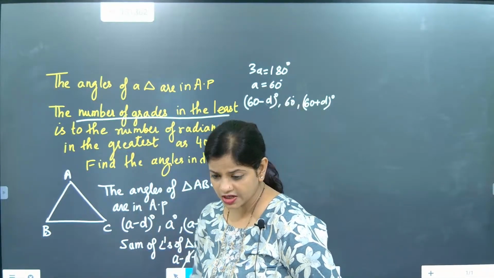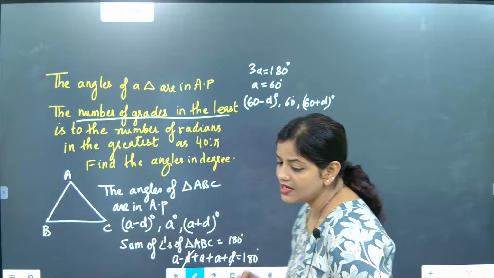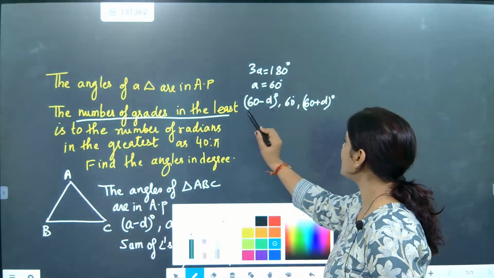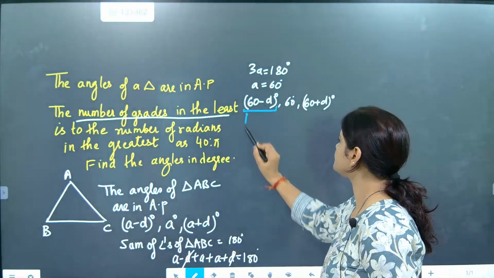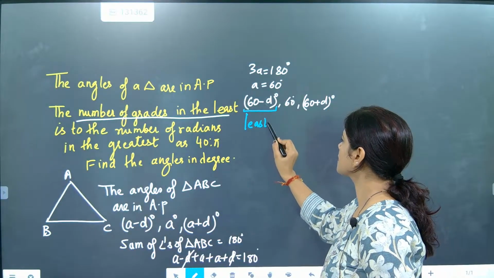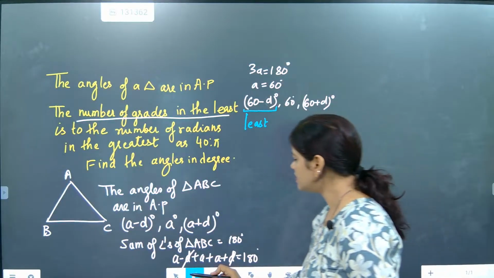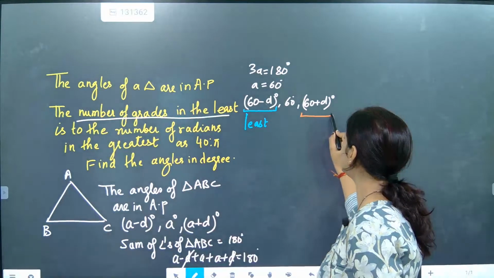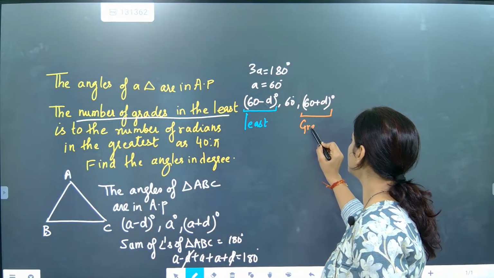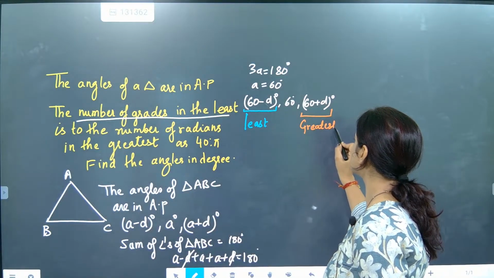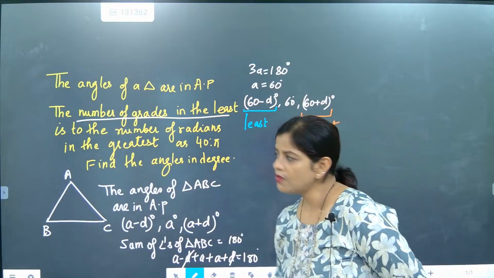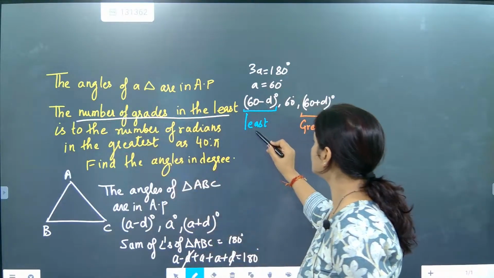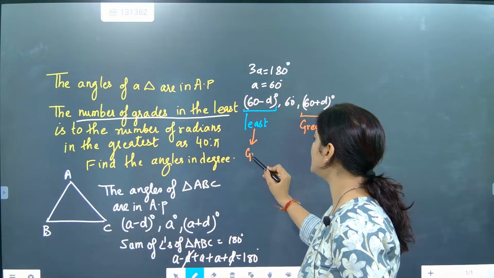Among all these three angles, which one is the least angle? The least angle is this one. Which is the greatest angle? Our greatest angle is this one. Now in the question they are telling the number of grades in the least, so this has to be converted into grade.